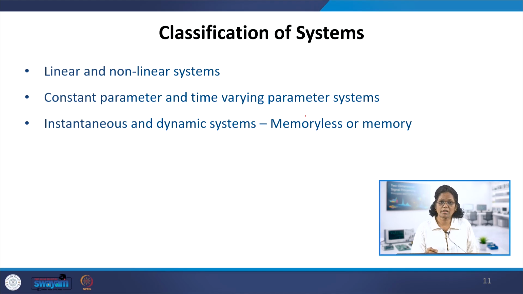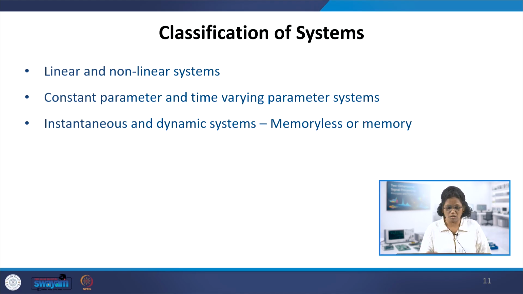Also, a system may need the inputs of a previous instant of time, not depending only on the present time. If it depends on the previous instant, x of n minus 1, or x of t minus 1, some instant before, then you need to store the previous instant values of the input as well. In that case the system needs storage.